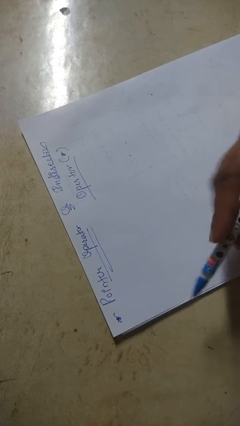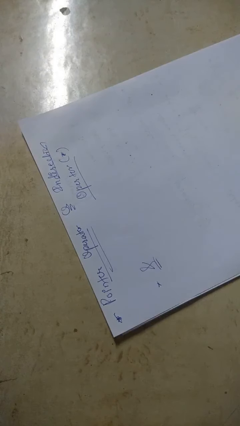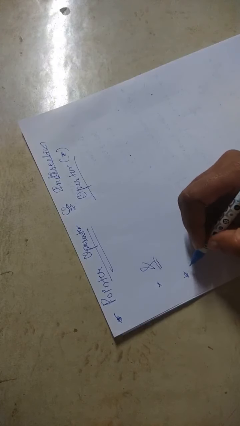The second operator, which is named the indirection operator, that is your star, is the complement of your ampersand operator. It is the complement of your address of operator. For what purpose do we use this indirection operator?